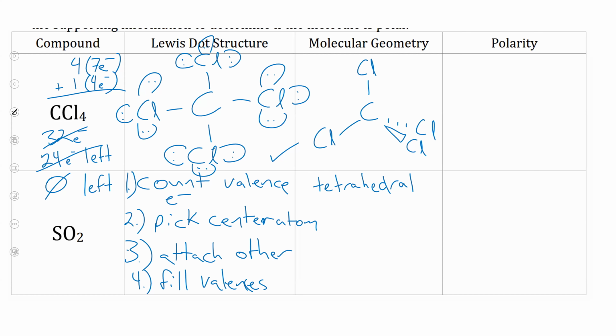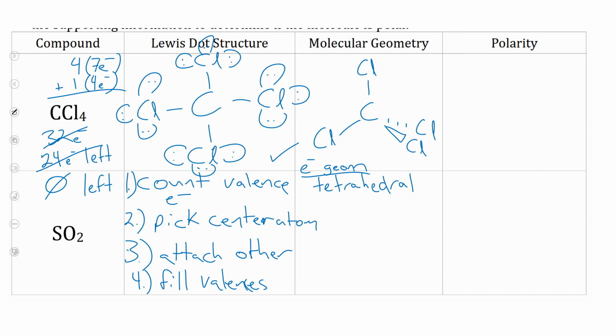It doesn't really work with your hands very well. It should look like a symmetrical 3-sided pyramid. That's the overall shape here. So that's the electron geometry, because it has 4 electron domains. So the electron geometry is tetrahedral.